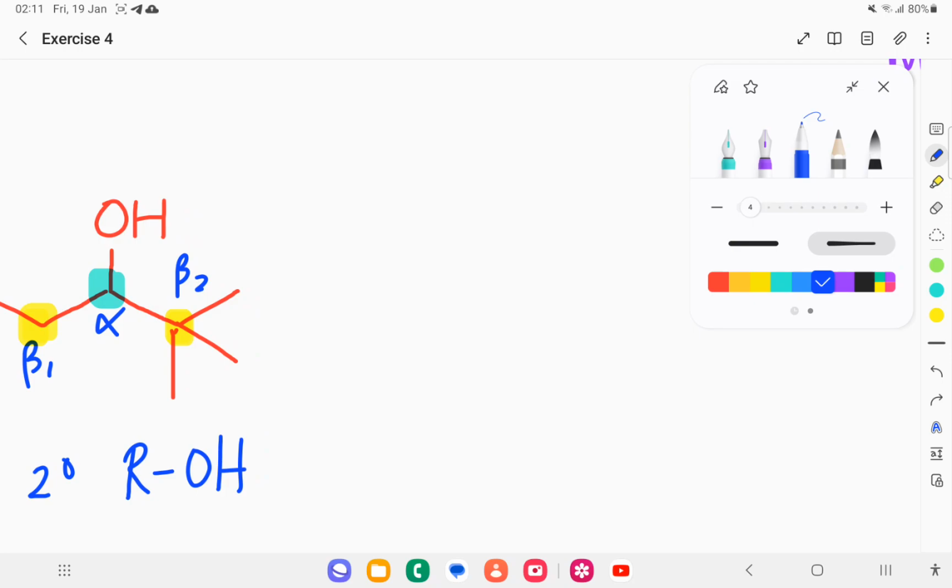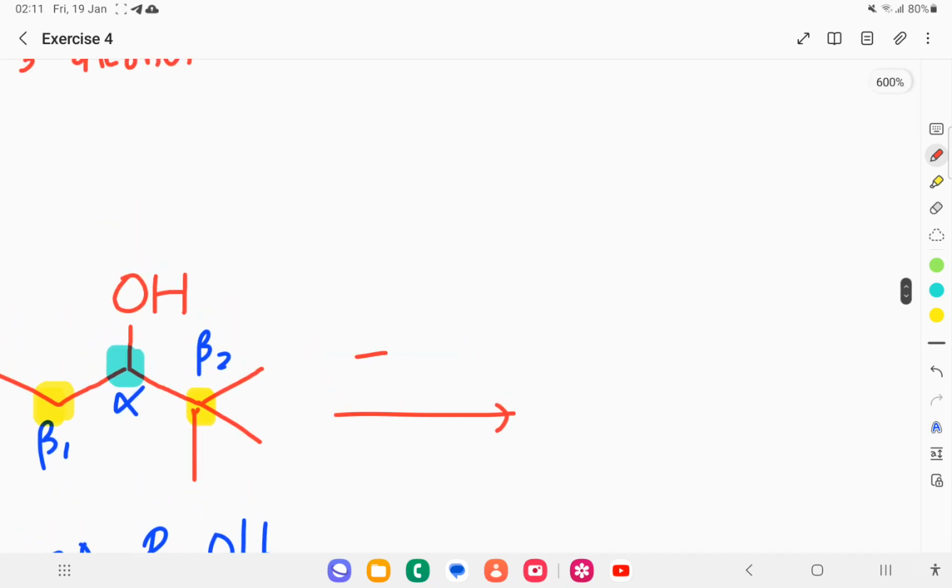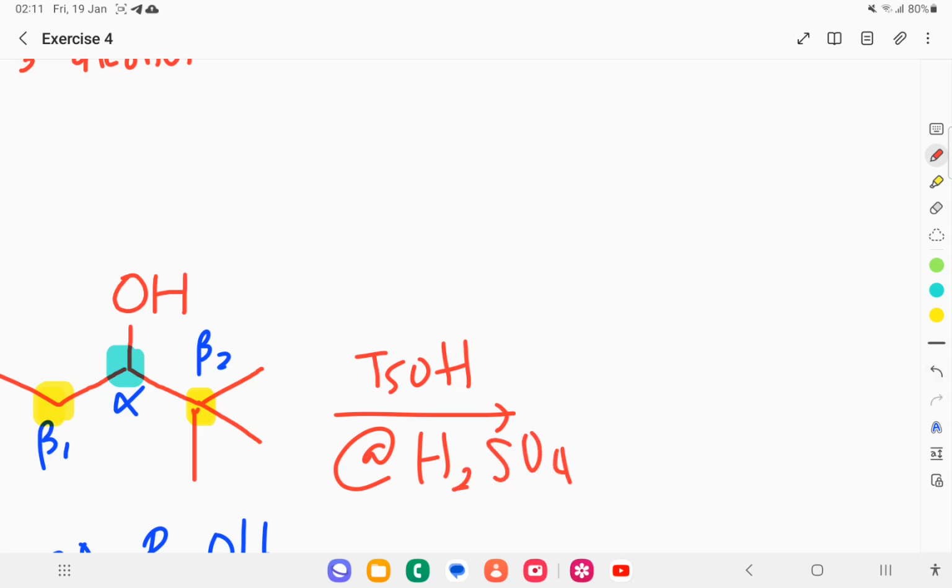And then we're going to react it with TsOH, p-toluenesulfonic acid, or you can also use H2SO4.